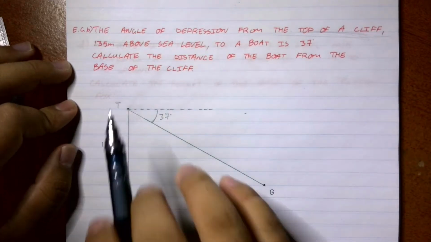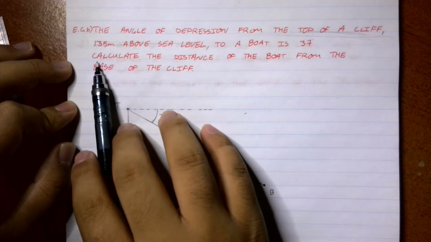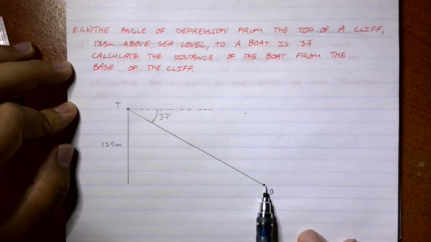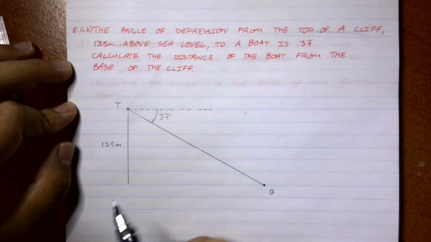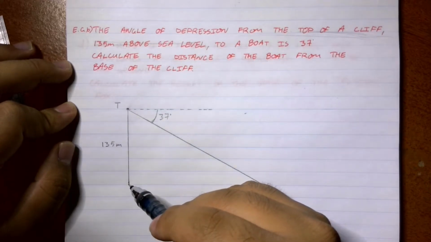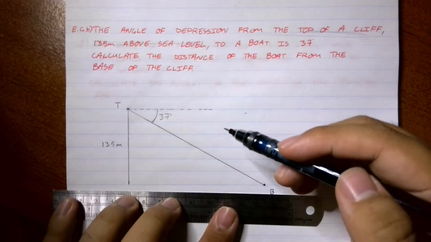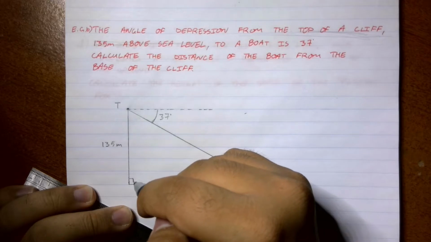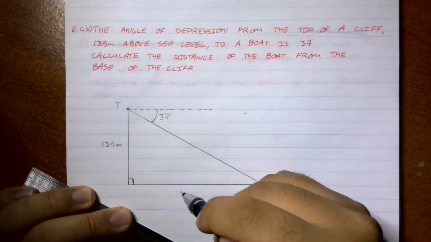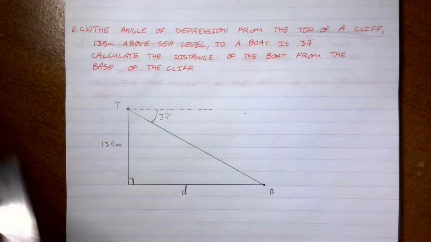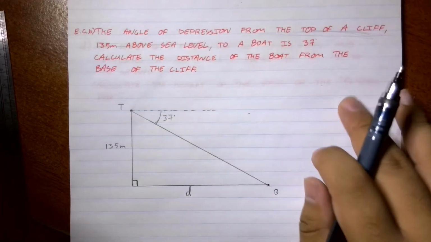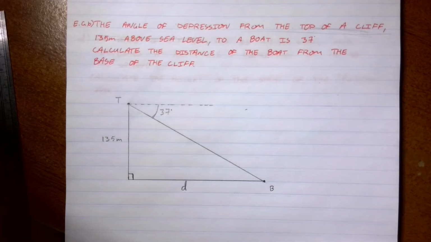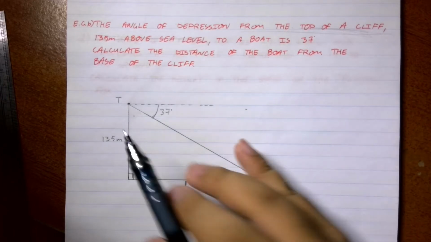Now at this point, we want to calculate the distance of the boat from the base of the cliff. So really what we want is this distance here. Let's draw another line. We know this to be a 90-degree angle, and this is our distance, D for distance. Okay, so we can almost get a triangle here, but what we really need is the angle inside here.